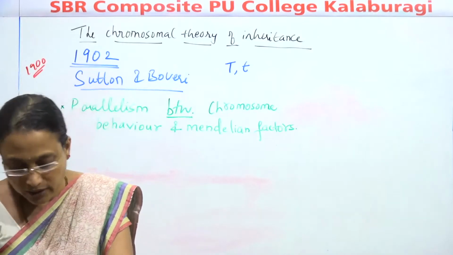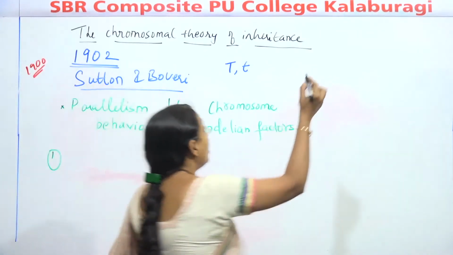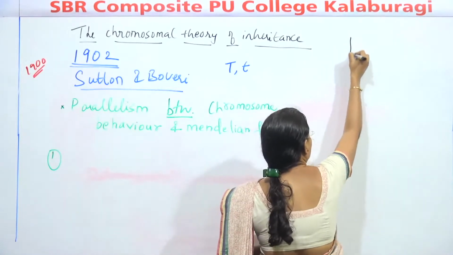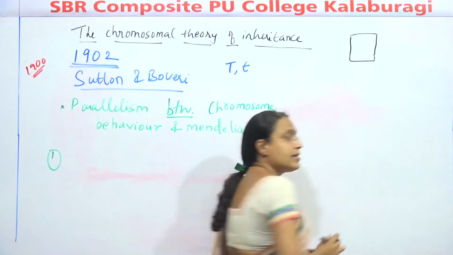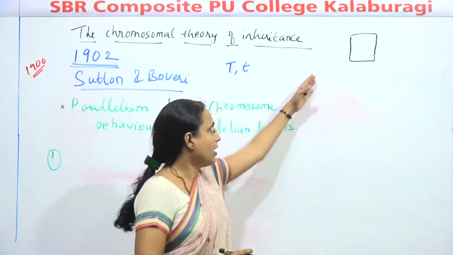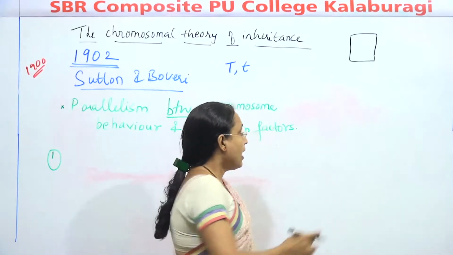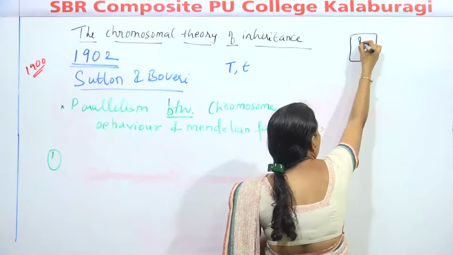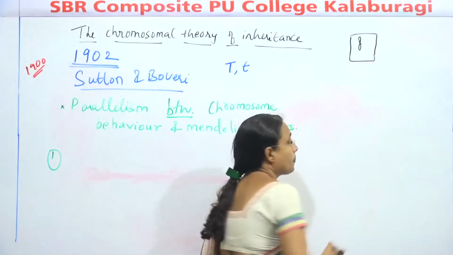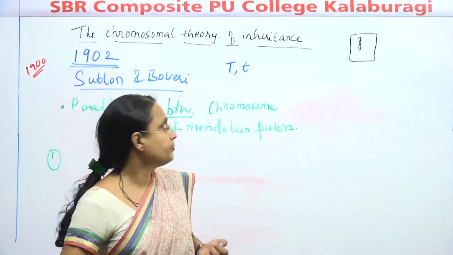So start with a cell here. This is the parent cell that will undergo meiosis and produce 4 gametes. This will be the diploid cell, so it has homologous chromosomes.